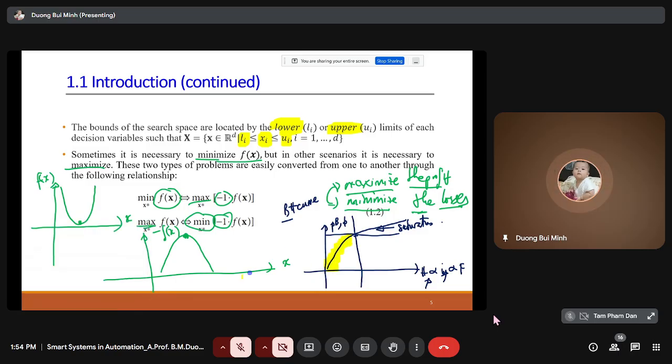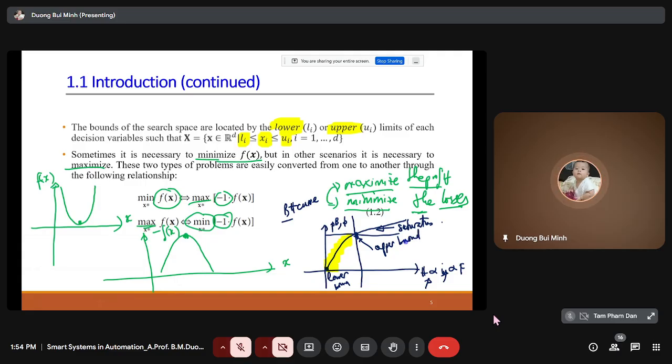For this region, we have the limitation. This is the lower bound, and this one is the upper bound.